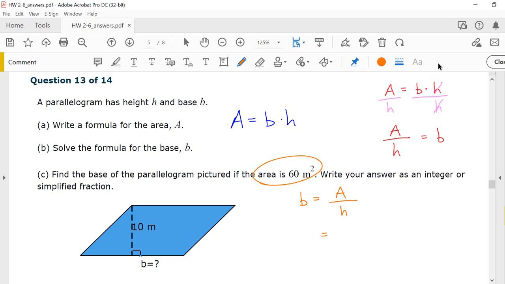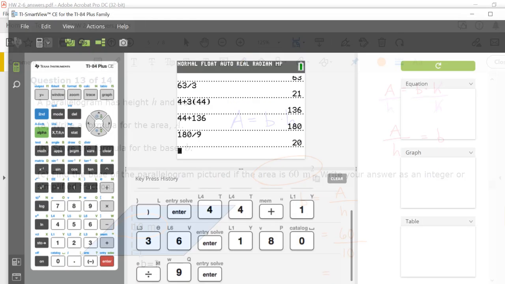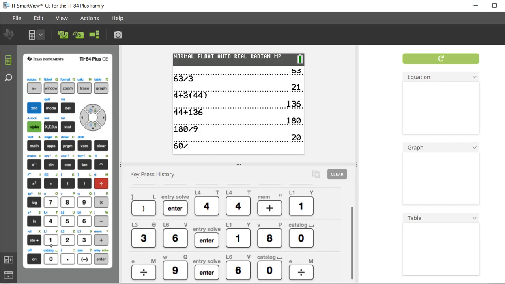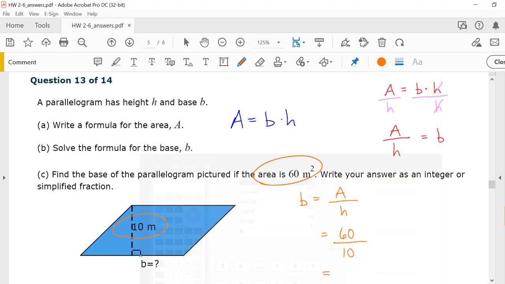The area that we were given in the problem was 60. And the height in the picture is 10. 60 divided by 10 is 6. So the base is 6 meters.